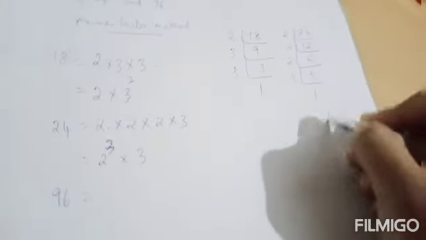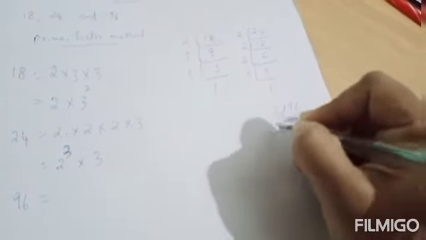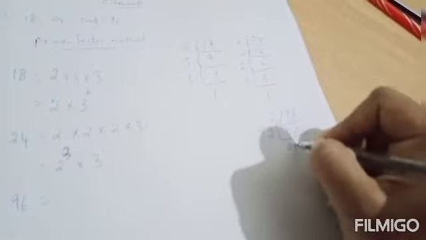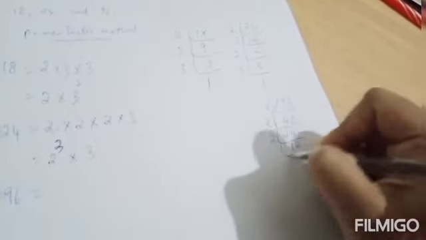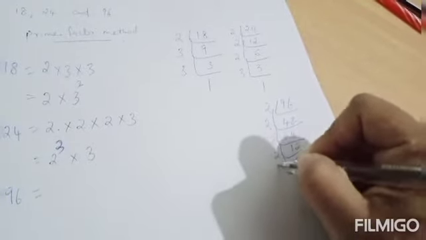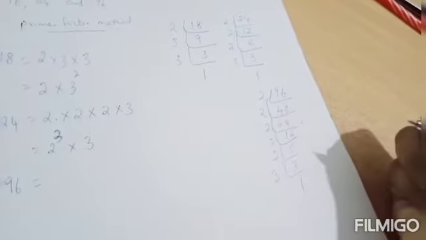Next, 96. 96 you can divide by 2, you will get 48. 48 by 2 is 24, 24 by 2 is 12, 12 by 2 is 6, 6 by 2 is 3, 3 by 3 is 1.